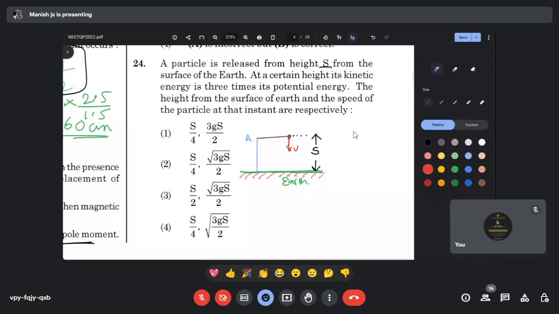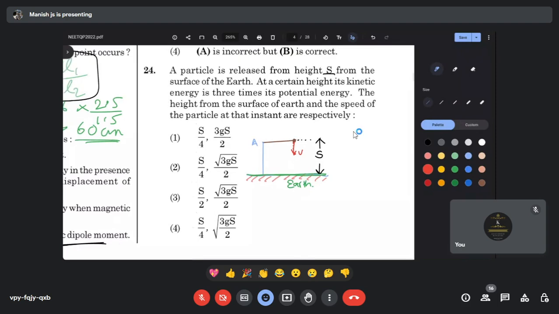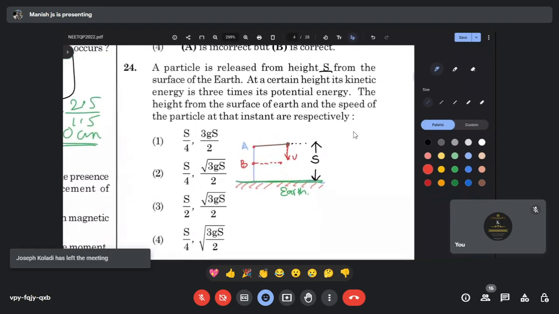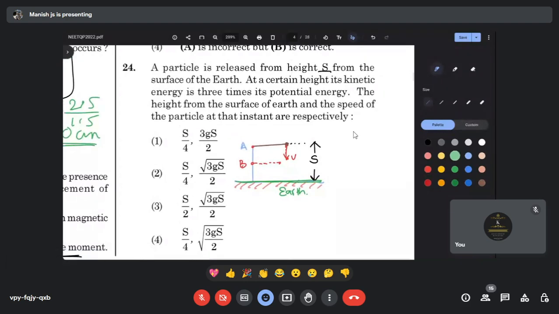Okay. So at a certain height, its kinetic energy is 3 times its potential energy. Now, at a certain height means it's not the height from which it is dropped, it's some height after it has been dropped, so we choose some arbitrary point B. A is where we have dropped it from, and B is that certain height.